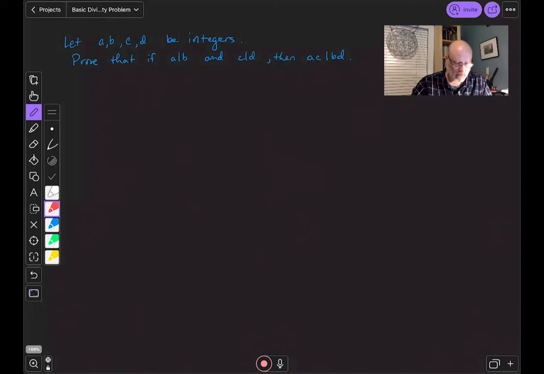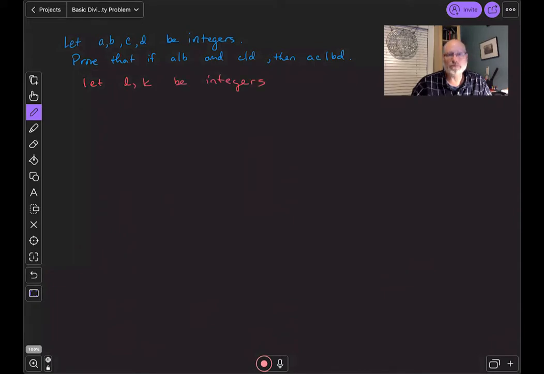So the first thing we're going to do is pick a different color. We're going to say, let L and K be integers. Then by the definition of divisibility, if A divides B, then B is equal to some integer L times A. If we think of our example of 2 and 6, this is essentially saying that 6 equals something times 2, so L is 3 in that specific example.